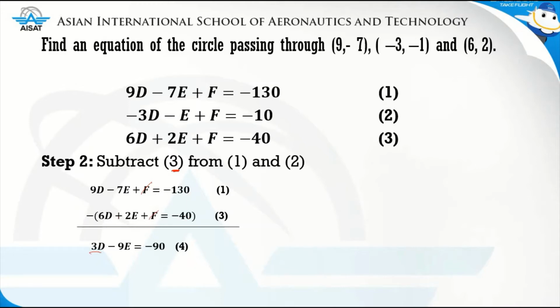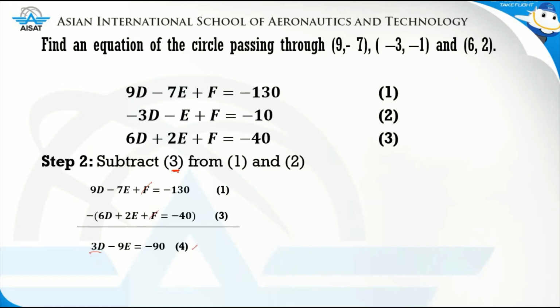Now remember that when you subtract a negative number, we will add the subtrahend to the minuend. So we'll have -130 plus 40, and that will give you -90. So that is the difference of the first and the third equation.